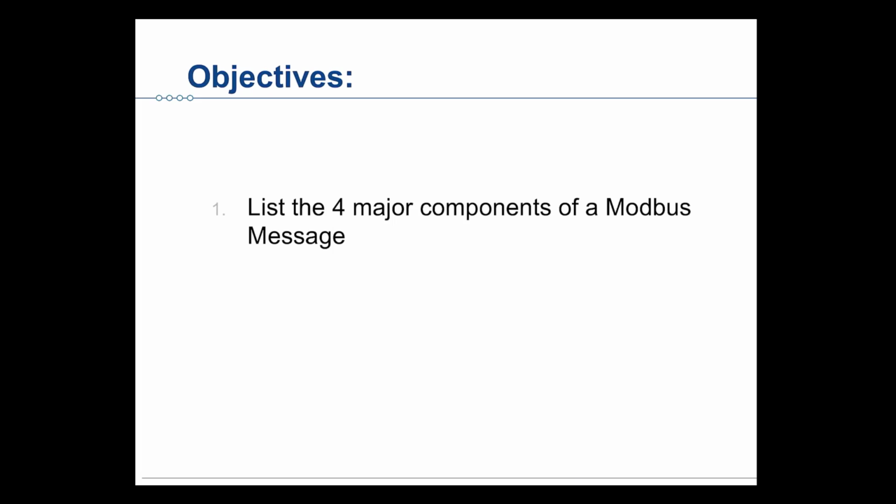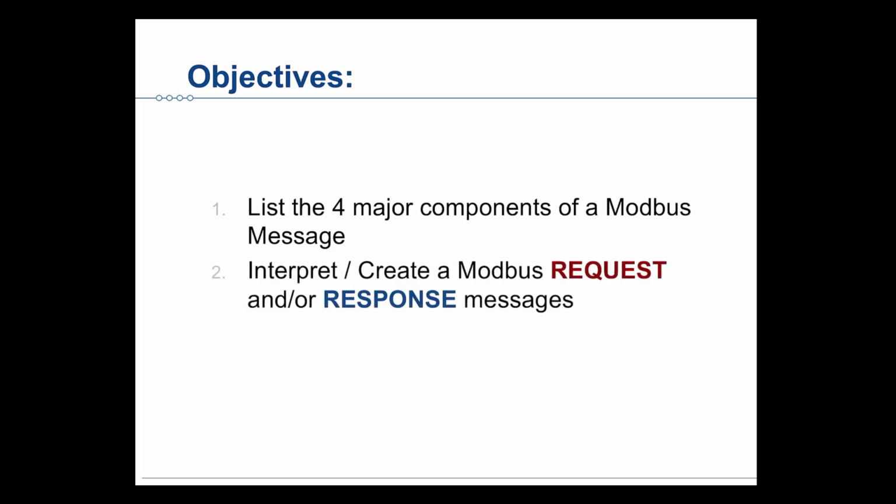It is our primary and major resource in our toolbox. So you should have it with you as you're going through this presentation or anything else to really learn properly how to interpret and understand Modbus. So we're going to list the four components. We're going to interpret and create a Modbus request and several response messages.